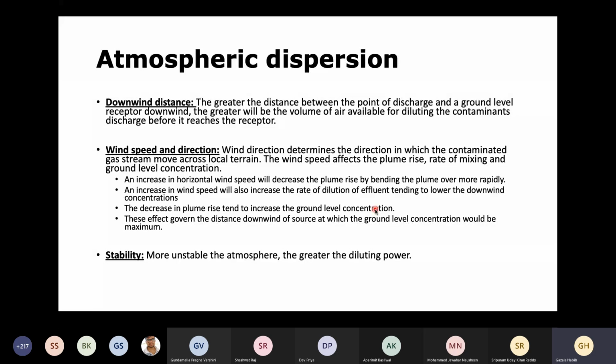So that is the criteria used to decide, if you are proposing any industry in any region, the capacity of the industry, that is, how much production they can do, so that whatever the industry emits will not violate the ambient air quality norm at the downwind receptor side.